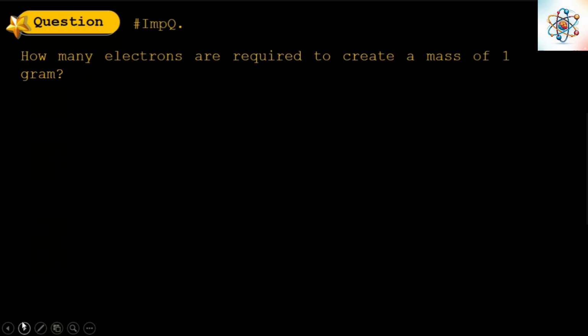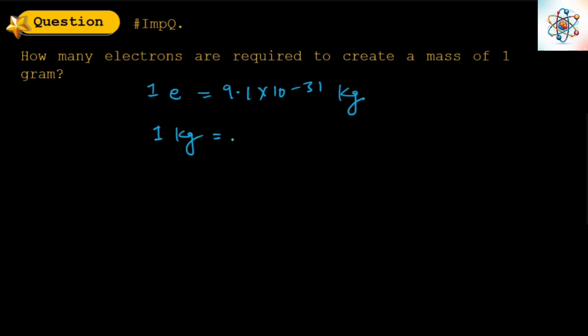So for 1 gram, we need to understand that the mass of one electron is 9.1 into 10 to the power minus 31 kg. So 1 kg of electrons would require 1 by 9.1 into 10 to the power minus 31 electrons. If we solve it, we'll get the number of electrons, but we don't need to solve it yet.